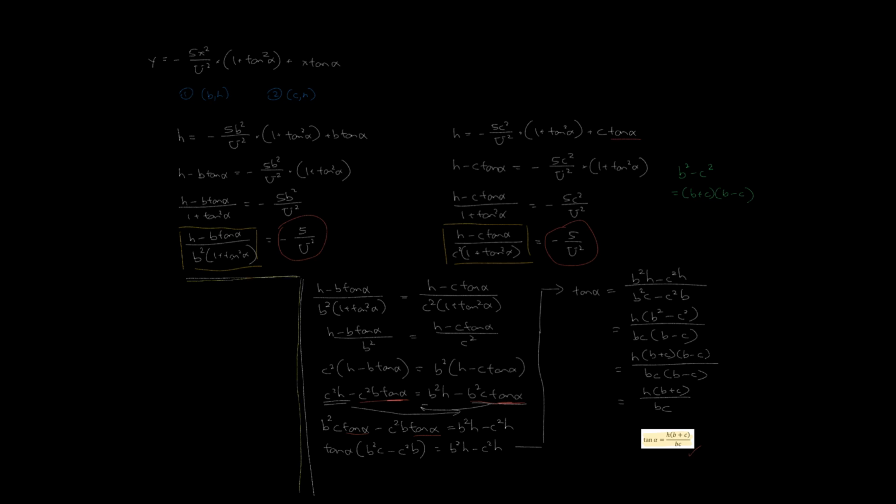If you remember, this condition is where we have b equals 7, c equals 14, and h is equal to 7. So in this case, tan alpha is equal to 7 times (7 plus 14) divided by 7 times 14. And if you put this into the calculator, you get 3 over 2.